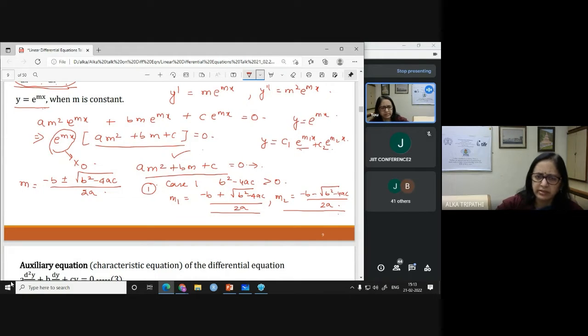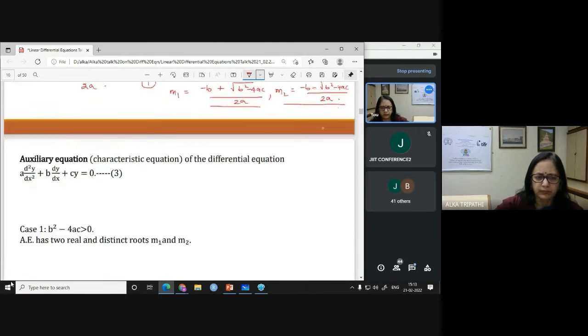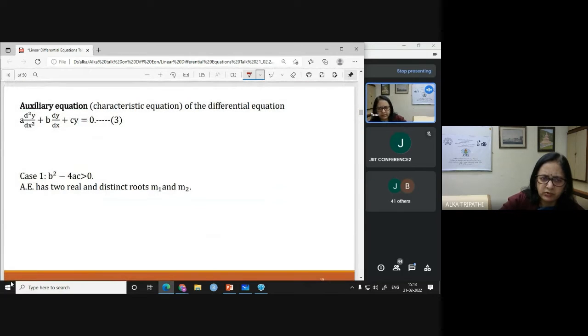So if b square minus 4ac is greater than 0, we will have the solution y equal to c1 e^(m1x) plus c2 e^(m2x), where m1 and m2 values I have just written.